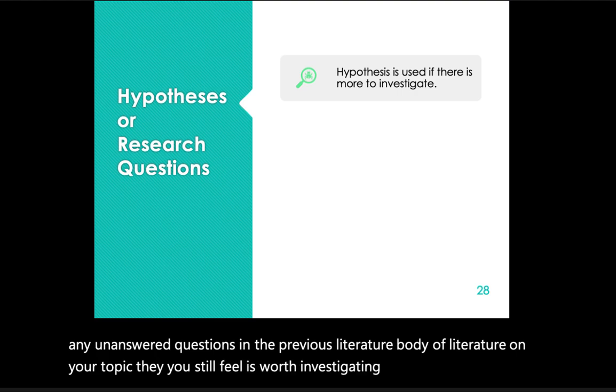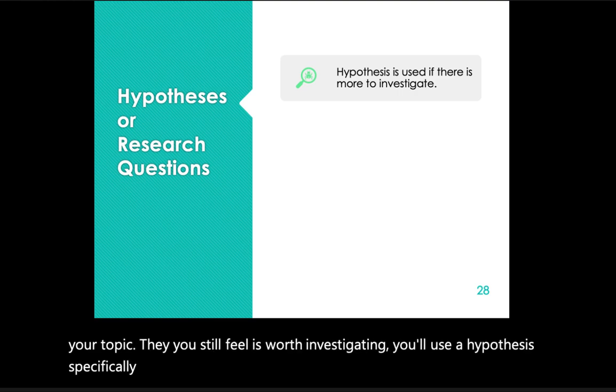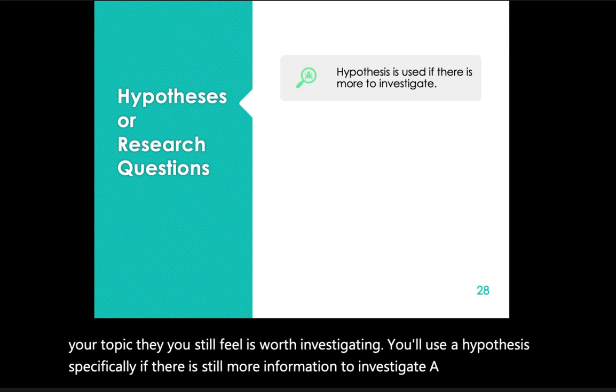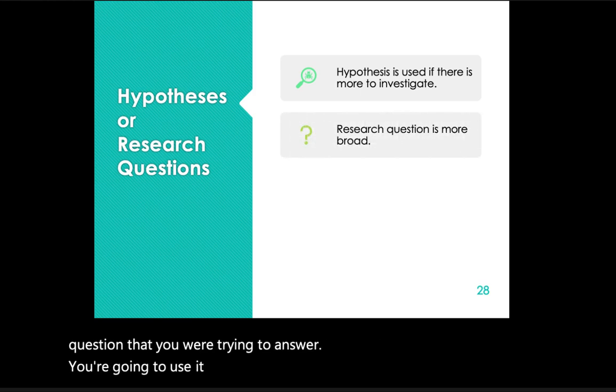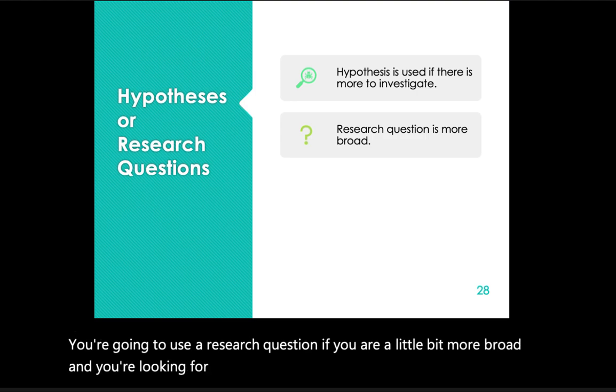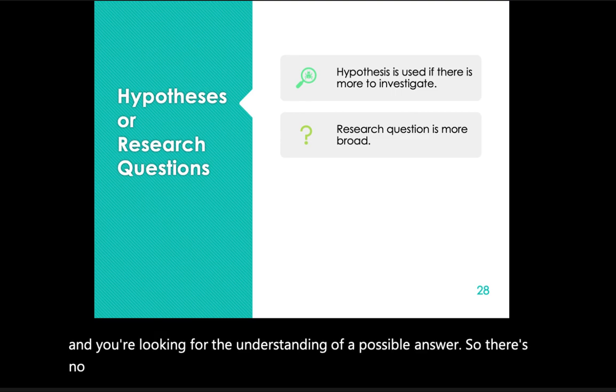You'll use a hypothesis specifically if there is still more information to investigate, a specific question that you are trying to answer. You're going to use a research question if you are a little bit more broad and you're looking for the understanding of a possible answer. So there's no specific answer that you're looking for, but rather more of an exploration.